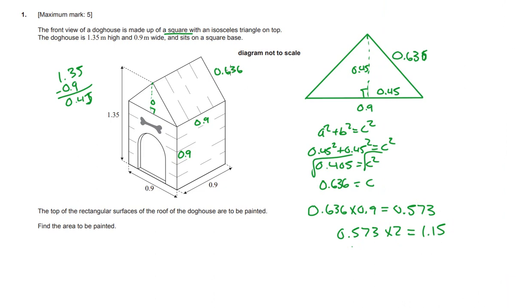Again, we're going to want to put our label on there for sure. This is meters, so meters squared is going to be our final answer for the area to be painted. So that's both of the two tops, not including these little triangles on the side.